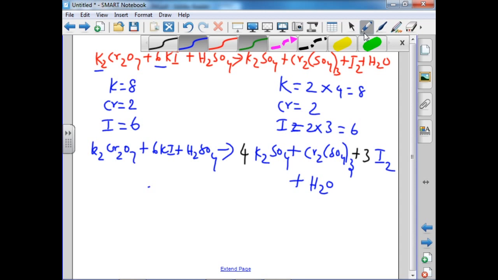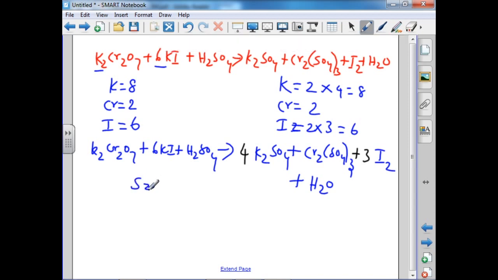So maximum atoms are balanced on both reactant and product side except sulfur, hydrogen and oxygen. Next we balance sulfur. From the reactant side, sulfur is 1 on sulfuric acid. From the product side, sulfur is 3 plus 4 equals 7.